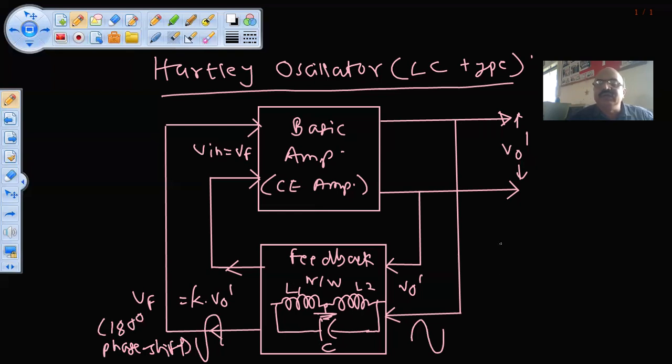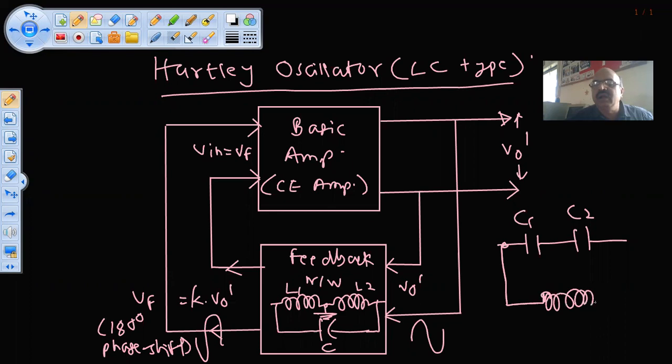Correct. Now just change. If instead of L1, L2, I say C1, C2, and across them I connect the inductor L. Okay, I just change this network. Instead of L1, L2, C, I change it to C1, C2, and L. As soon as I change these components, it becomes a Colpitts oscillator.